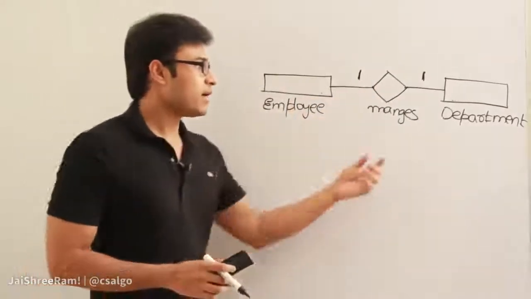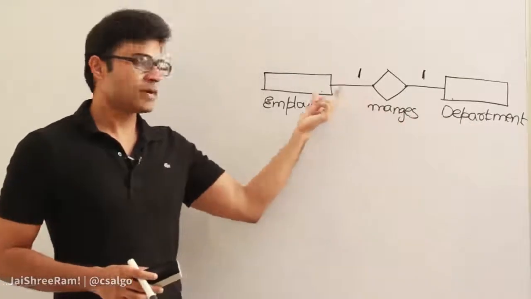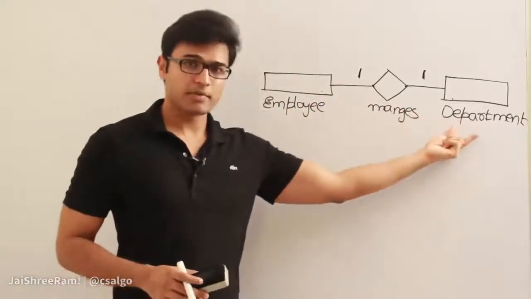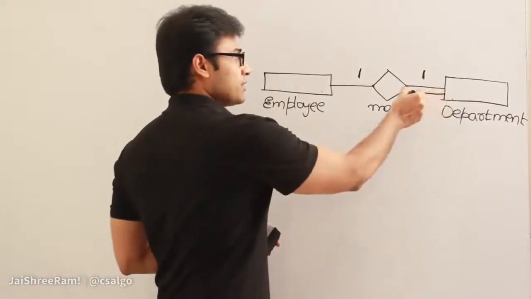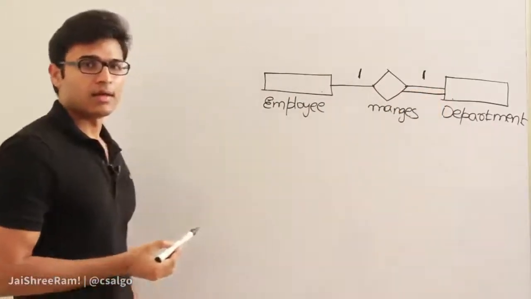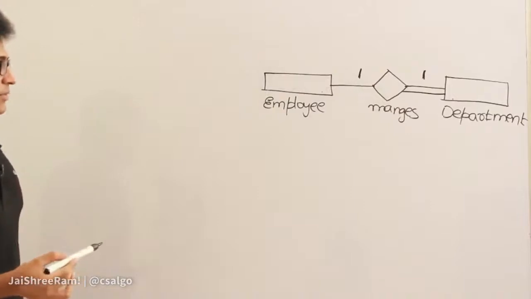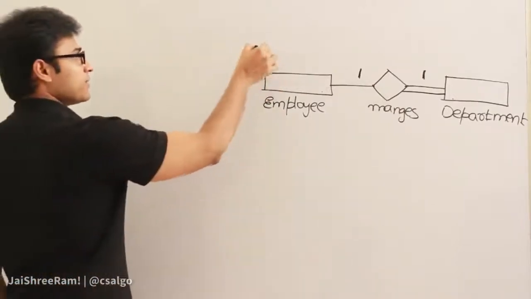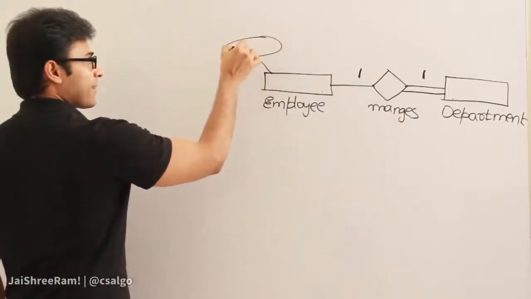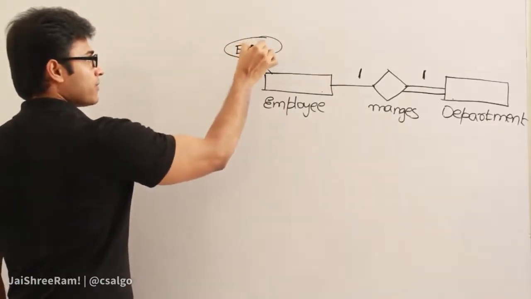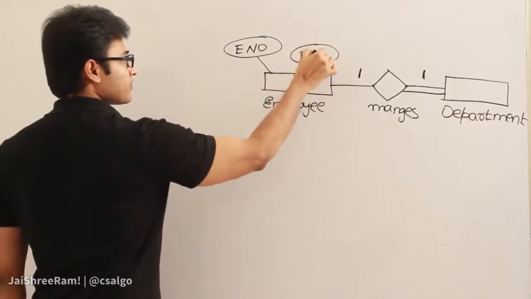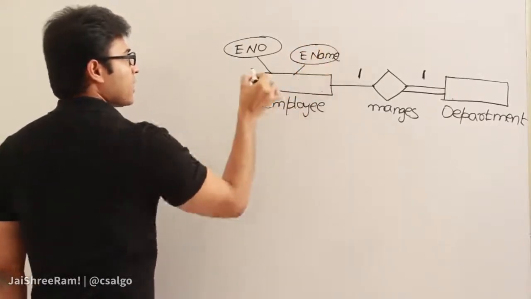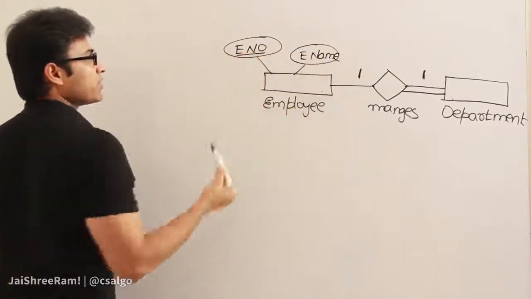From the other side, every department has to be managed by an employee. Therefore every department will have a manager here. So from this side the participation is total, right? And just for the sake of example, let me take a few attributes here. One attribute is employee number, and the other attribute is employee name, and employee number is the primary key for this.